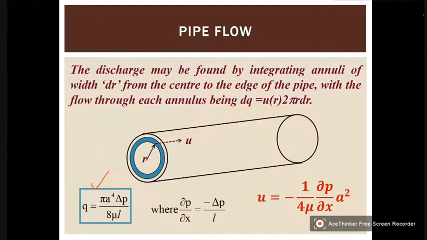The discharge may be found by integrating annuli of width dr. So what we will consider is a circular element whose width is dr. So the rate of flow dq is equal to u into 2 pi r dr. U is a function of r.